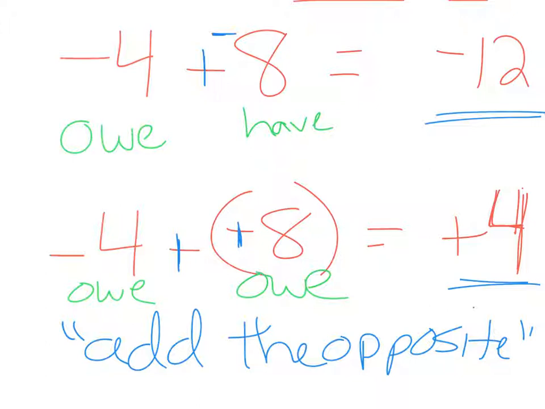So as long as you remember the phrase add the opposite, anytime you get to a subtraction problem, all you'll have to end up doing at the end is just remembering to go back to your addition rules. So, looking at another example, let's say we have +5 minus -2.